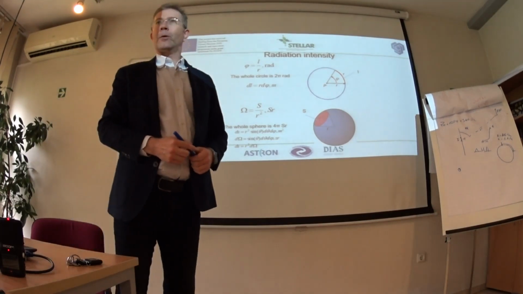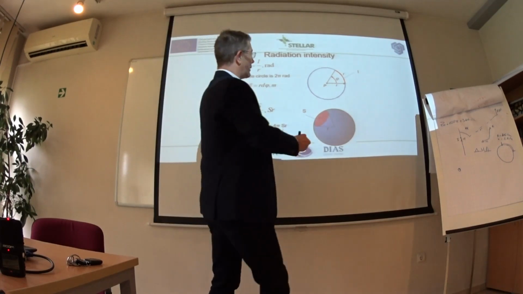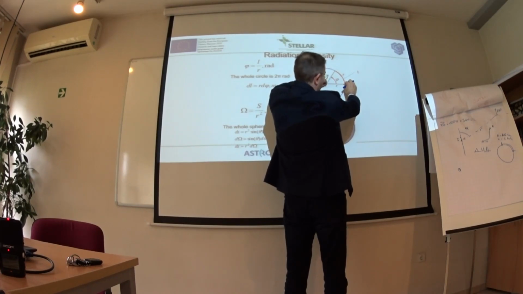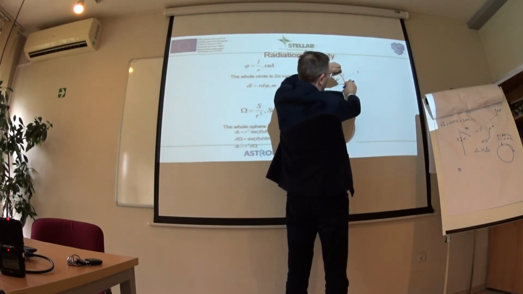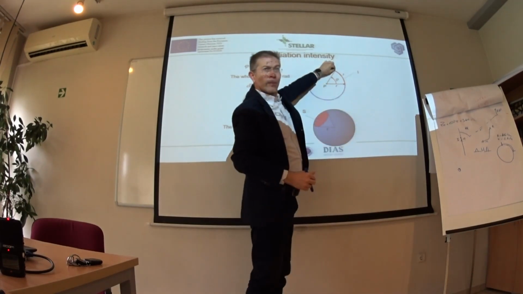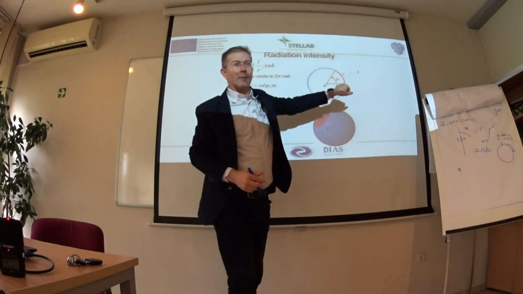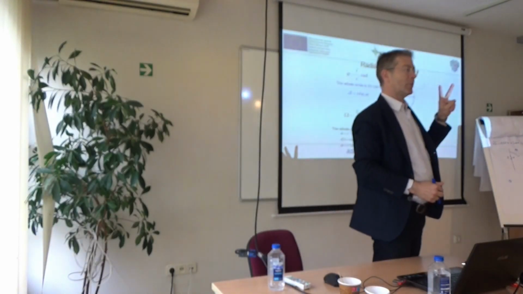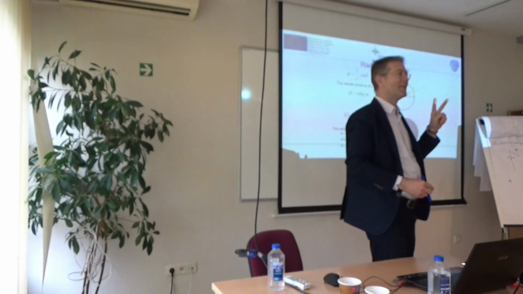And then what are we going to do? We take this rope. What is the length of the rope? Radius, of course. And then put it over this circle and draw the other radius. And what is the angle between these two radii? 60 degrees. In radians? Pi over 3 radians.